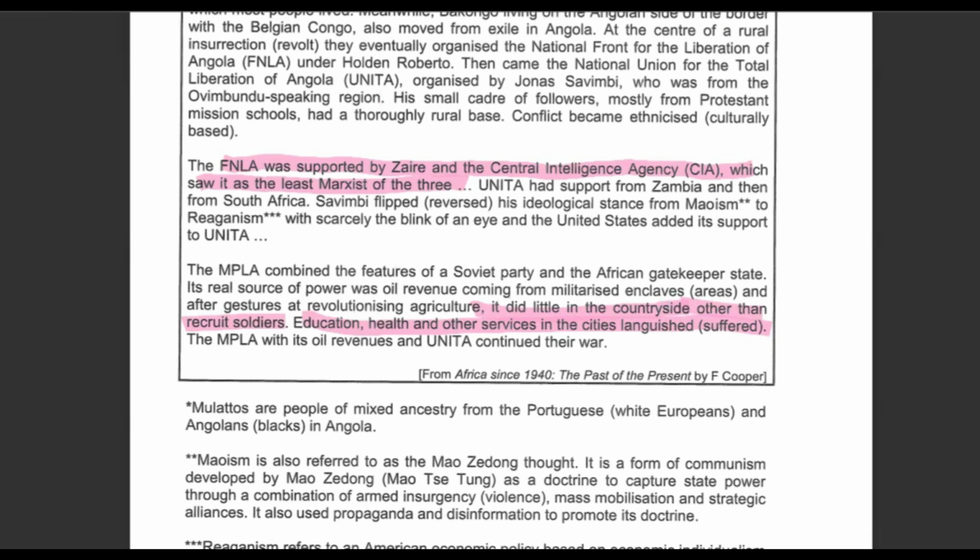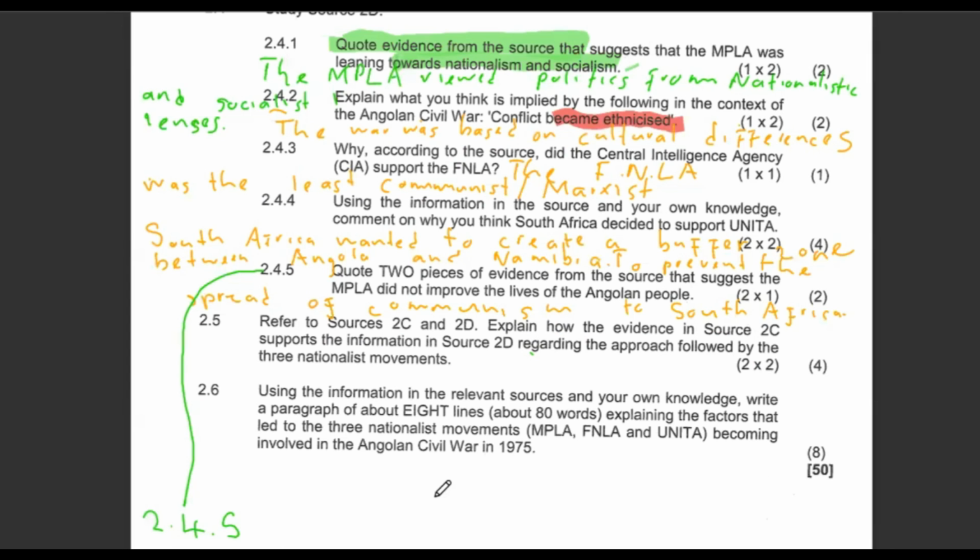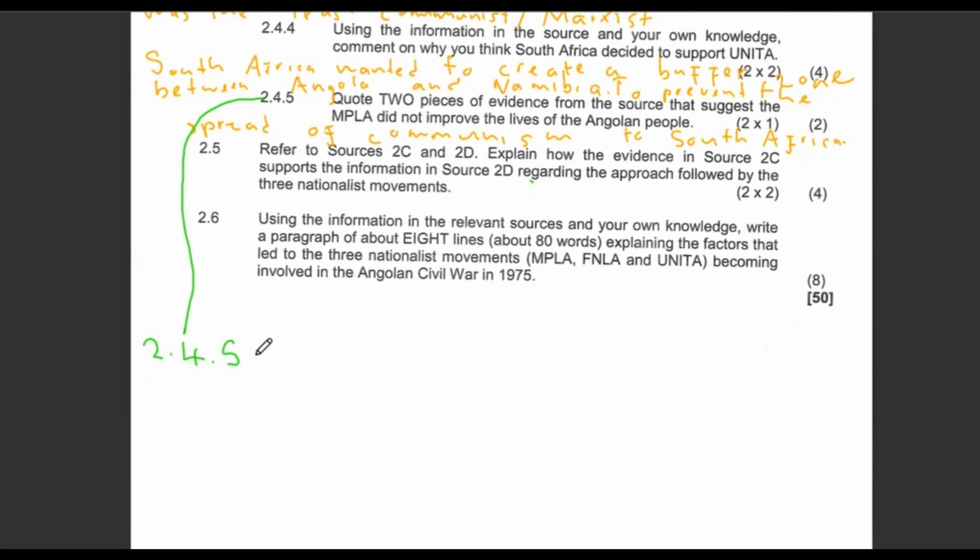So let's go back to where we would indicate the answers. All right, so the first point: the MPLA did little to improve education and health.